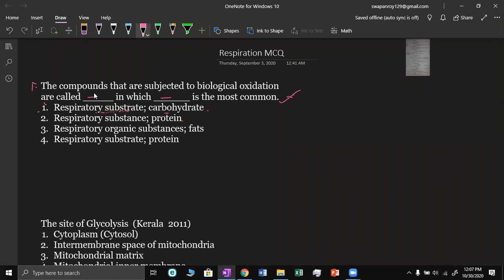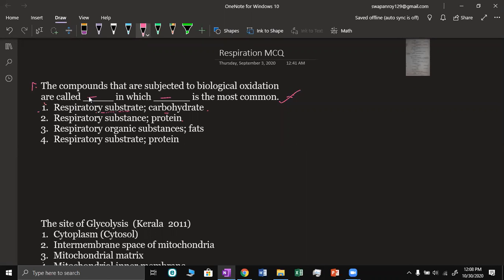The compounds that are subject to biological oxidation are called what? Respiratory substrate or respiratory substance? Here are respiratory organic substance and respiratory substrate. Which one will it be?